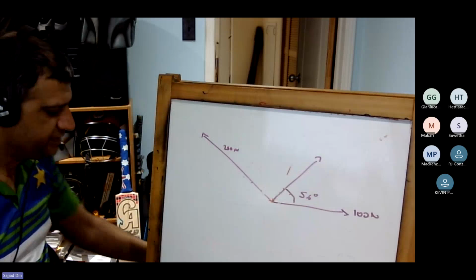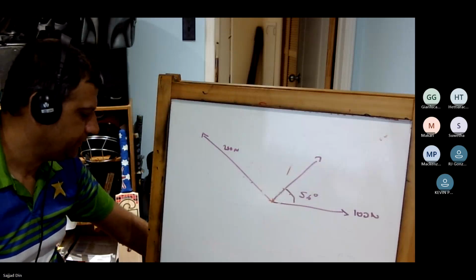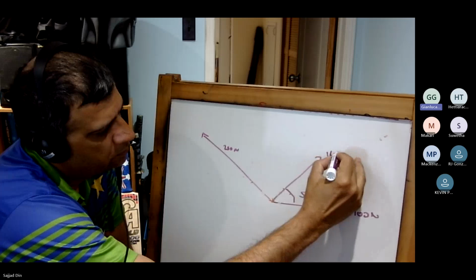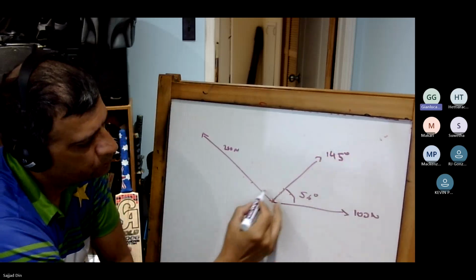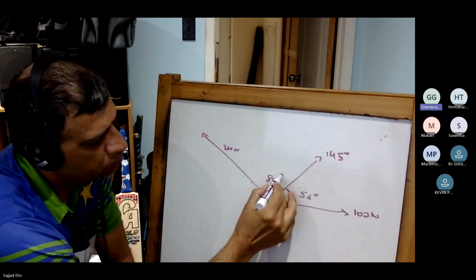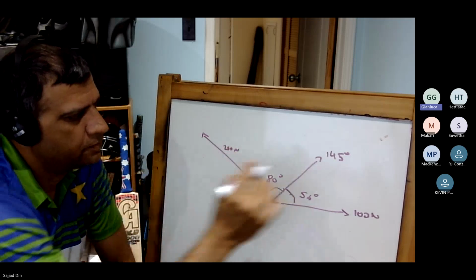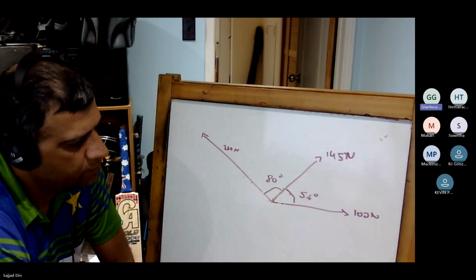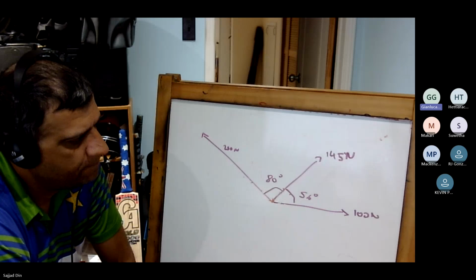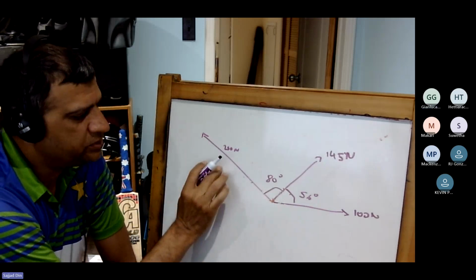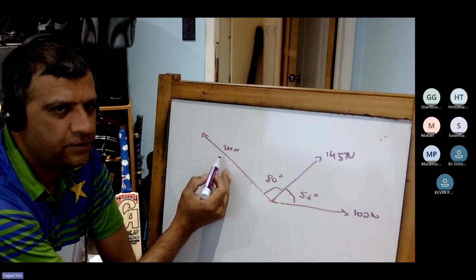So what was your next step after this? I put F2 as the triangle between the 145 and the 100. Okay, which one did you put as F1?